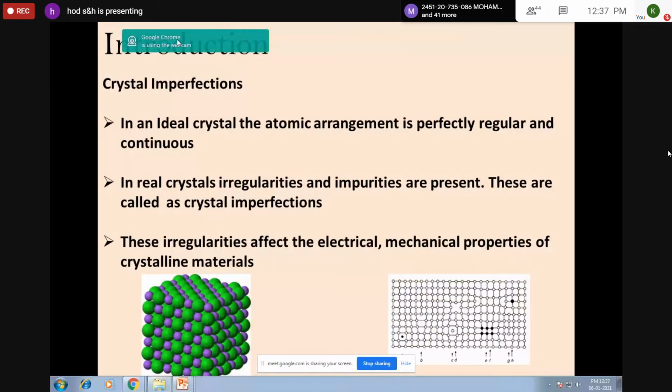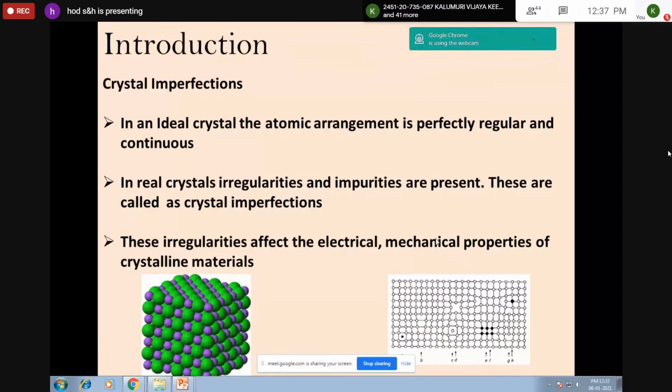So as I said, in the basic definition we have discussed, the solids are classified into crystalline solids and amorphous solids. And the crystalline solids, according to the definition, if the atoms or molecules are arranged in a regular periodic manner throughout the crystal in 3-dimensional space, then it is called a crystalline solid.